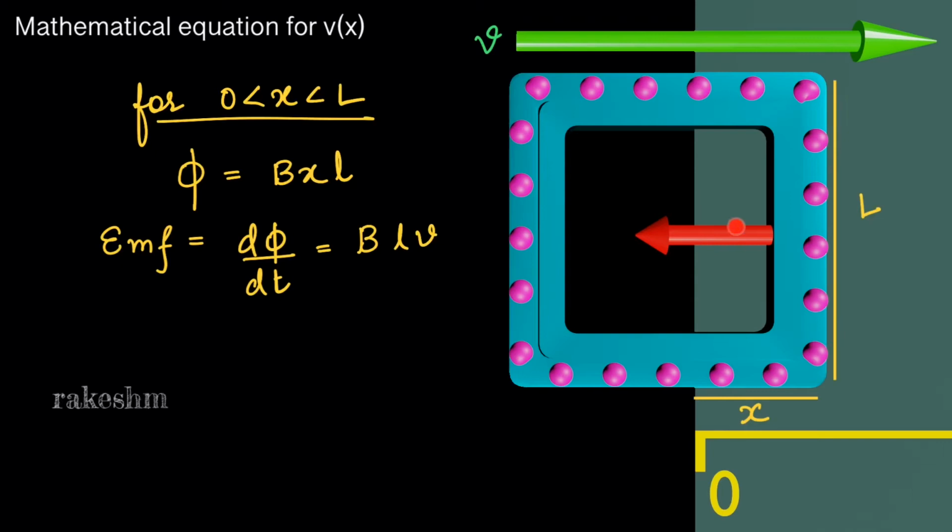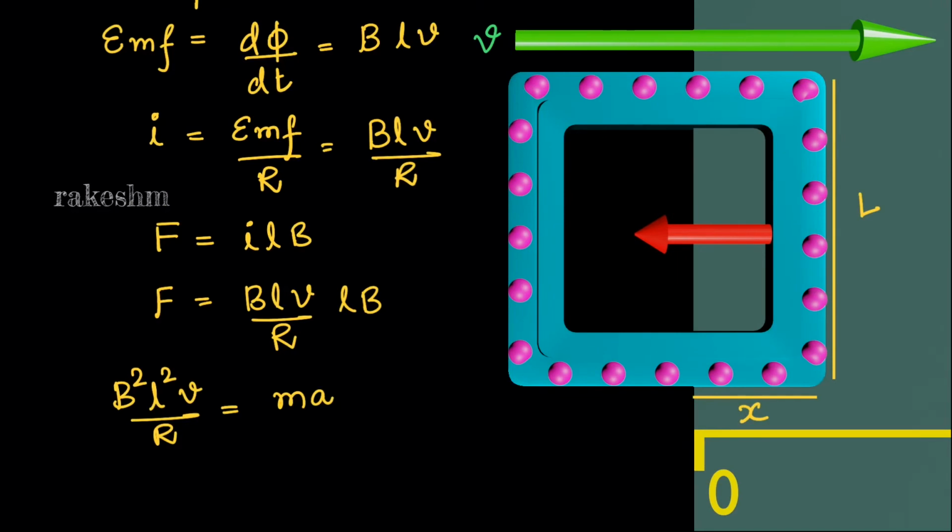So the flux through this loop is phi, which is equal to B into x into L. So I'm writing that here, x into L. The EMF induced in the loop equals d phi by dt, which is equal to B into L into dx by dt, which is nothing but v. The current which is induced in the loop equals the induced EMF divided by the resistance of the loop. So this is nothing but BLv divided by R.